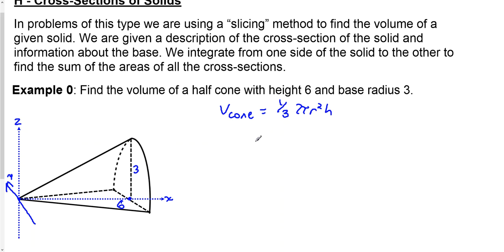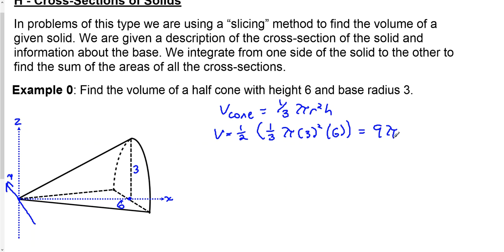So if we sub in those dimensions, 3 and 6, for our half cone, the volume is 1/2 of 1/3 pi times 3 squared times 6, and we get an answer of 9 pi.